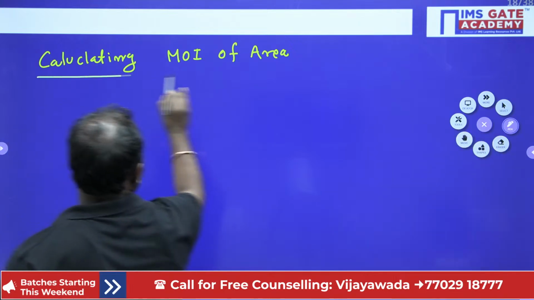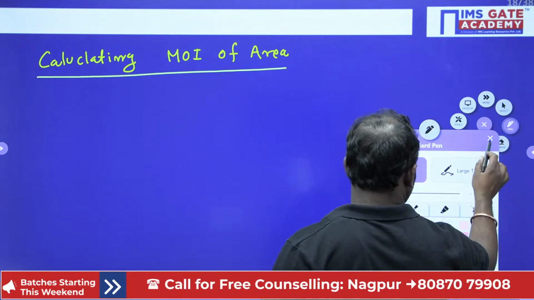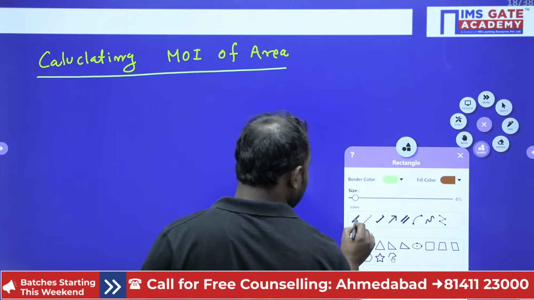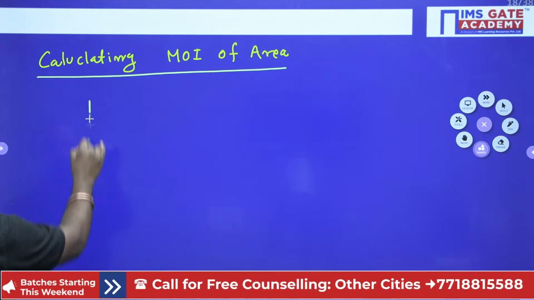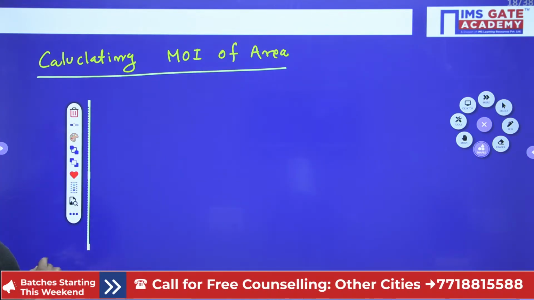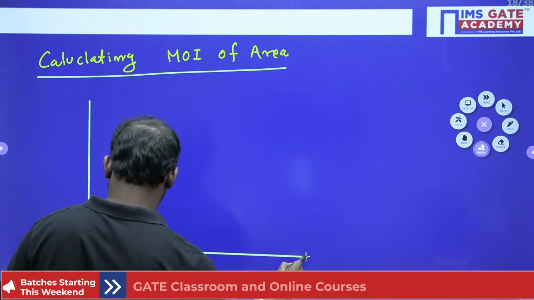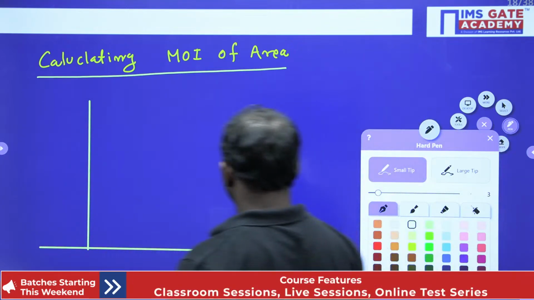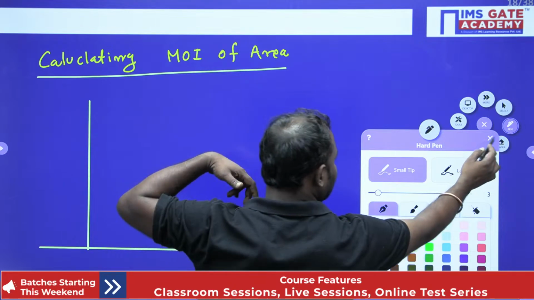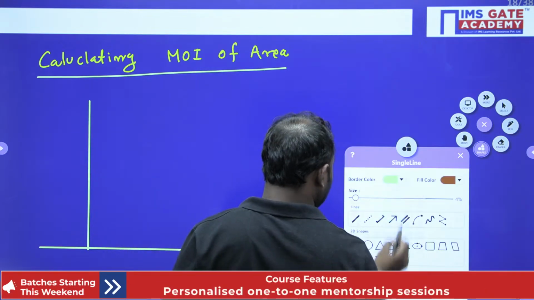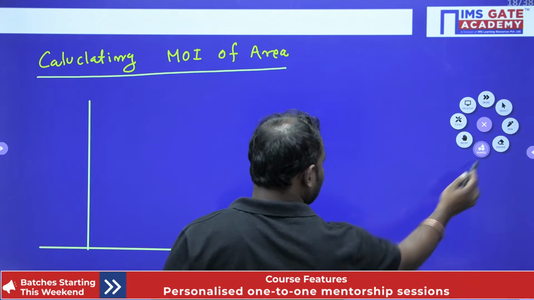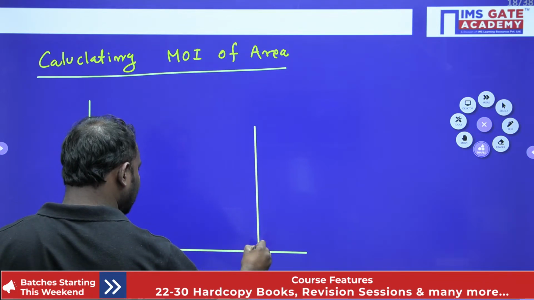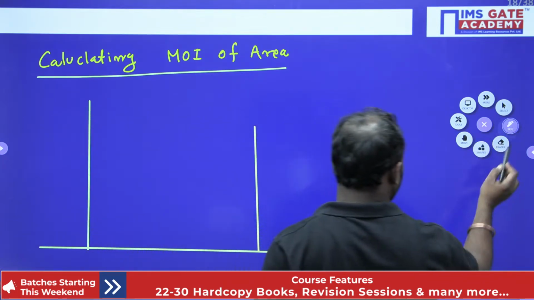For that I am going to take two axes. So I want to calculate the moment of inertia of this particular shape.